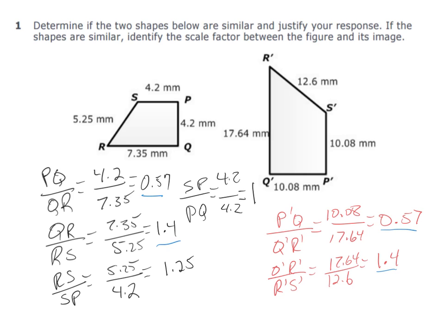So my third one is R prime, S prime, and that's over S prime, P prime. All right, so we had 12.6 right here, and I have 10.08.